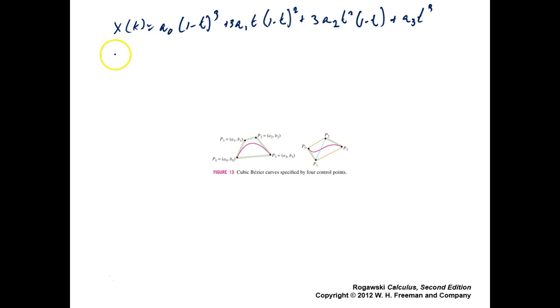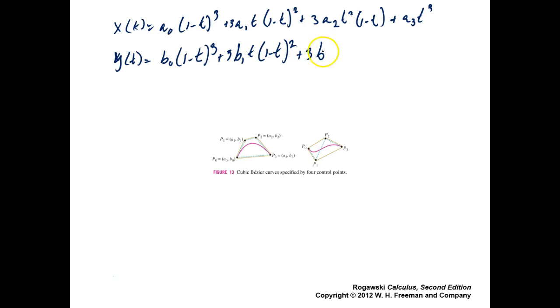Yeah. Your y of t is very much like that, except rather than having the a's, you use the b's. b0 times 1 minus t cubed plus 3b1 t times 1 minus t squared plus 3b2 t squared times 1 minus t plus b3 t cubed.